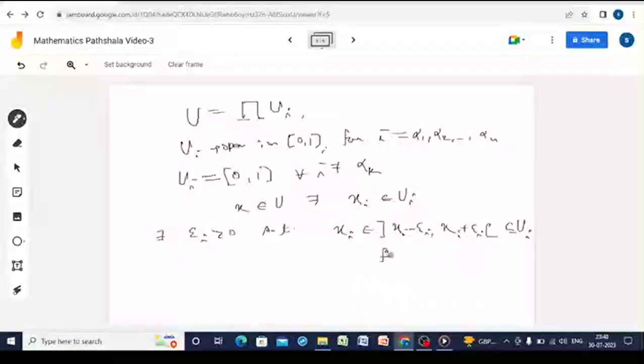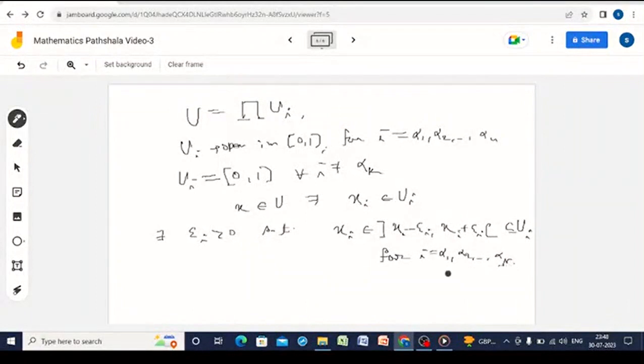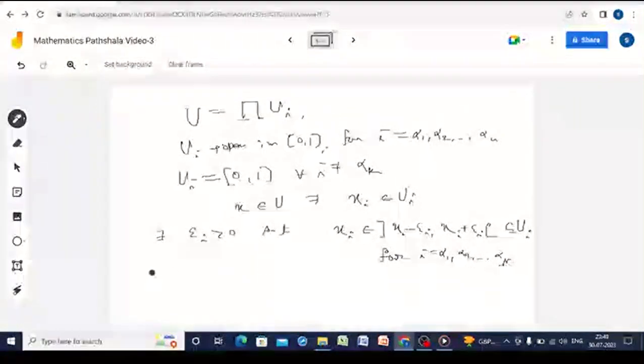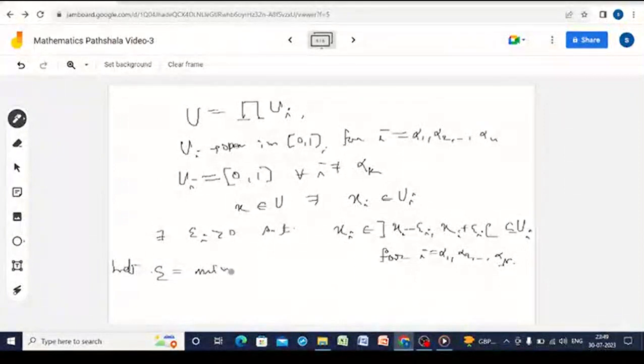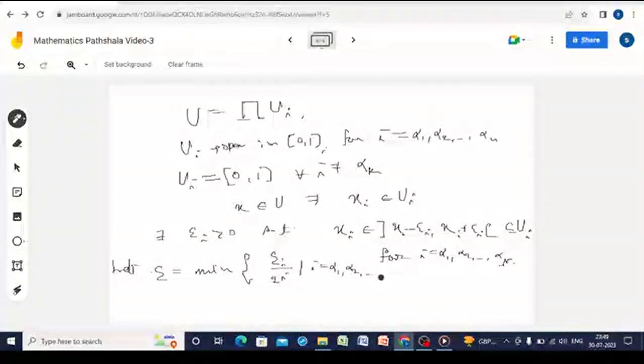For i equal to alpha 1, alpha 2, ..., alpha n. Now let us take epsilon equal to the minimum of epsilon i by 2 to the power i for i equal to alpha 1, alpha 2, ..., alpha n.